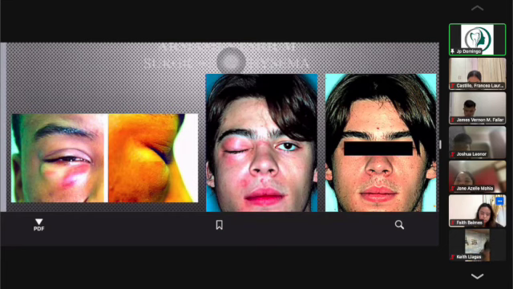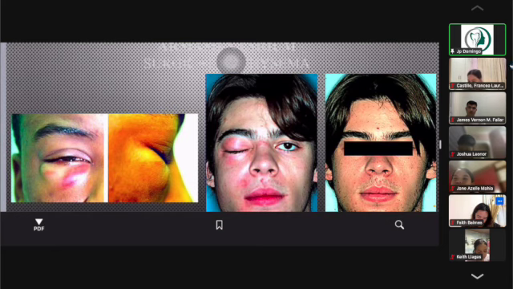Although this may resolve in 3 to 10 days because the air is resorbed into the bloodstream and eventually excreted via the lungs, the spread of large amounts of air into the deeper spaces can cause serious complications. Emergency intervention is required in severe cases with evidence of airway compromise and also dysphagia.